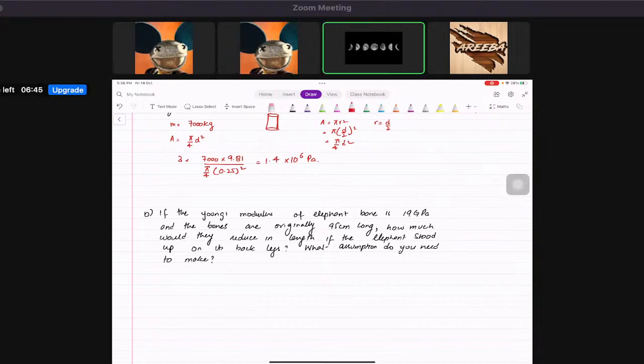Okay, I got 1.36 into 10 raised to minus 4. 1.36 into 10 raised to minus 4, the change in length, right?